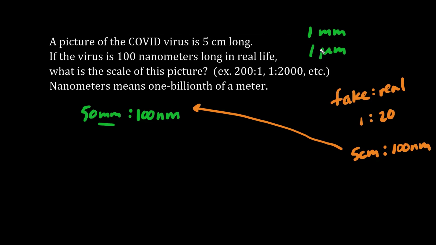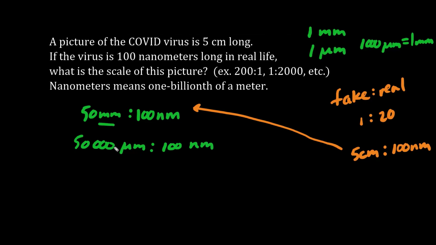Micrometer looks like this big long U. And we know that 1,000 micrometers equals 1 millimeter. So we multiply 50 millimeters times 1,000. So we draw 3 extra zeros, and we have micrometers, colon, 100 nanometers.